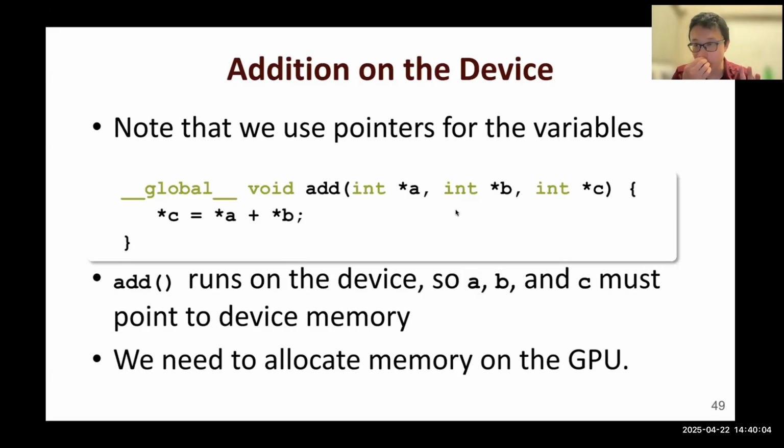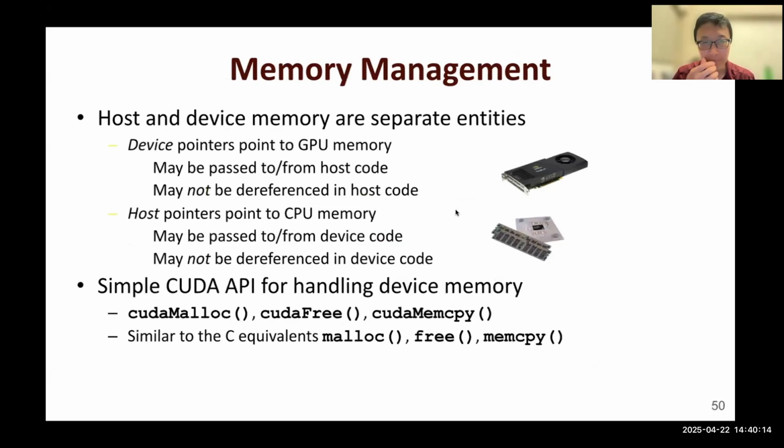It can only see the data from the GPU memory. That's why you need to allocate memory on the GPU. So before we start getting into the programming, we need to look into some very key features of CUDA, the memory management system, which plays a very important role when you're doing optimization or any other CUDA programming.